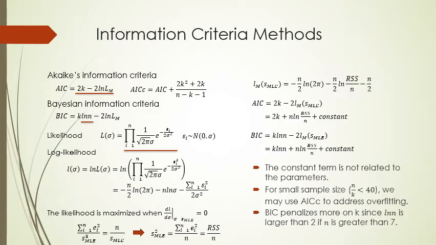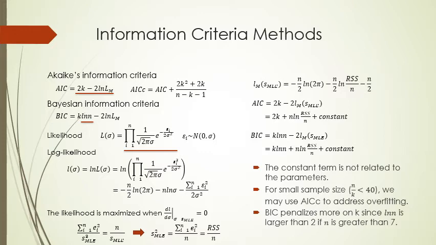Thus, AIC is 2k plus n log of RSS over n plus a constant term, which is not related to the parameters. In the model selection, we may ignore the constant since it is independent of the model and does not change unless the data changes.